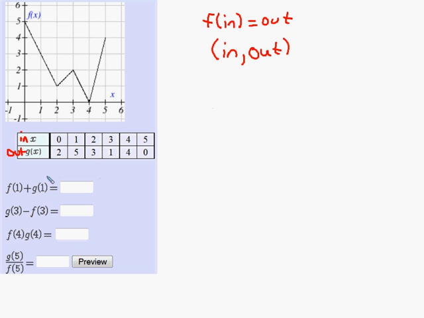So for example, the first question, f of 1. If I wrote f of 1 on top of the general notation, it's basically saying that 1 is the input and I'm supposed to find the output. Since f was given to me in graph form, I'm going to look at f of 1 as a point, and they said that the input's 1, so in terms of a point, that would be my first coordinate.